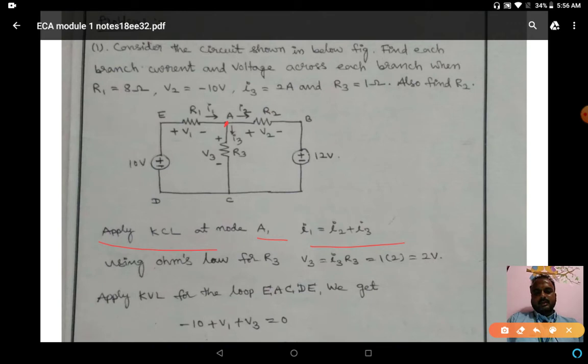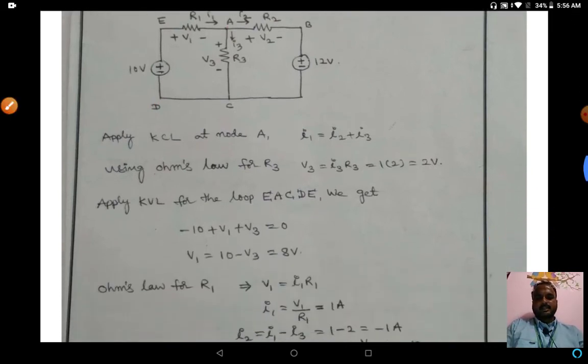Next, apply KVL to one loop, the E, A, C, D, E loop. Starting from D, minus 10 plus V1 plus V3 is equal to 0. So you will get one equation.